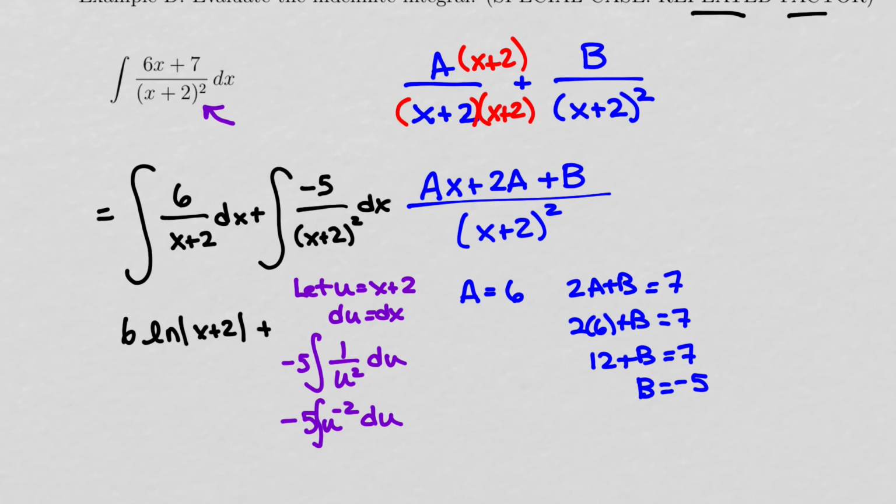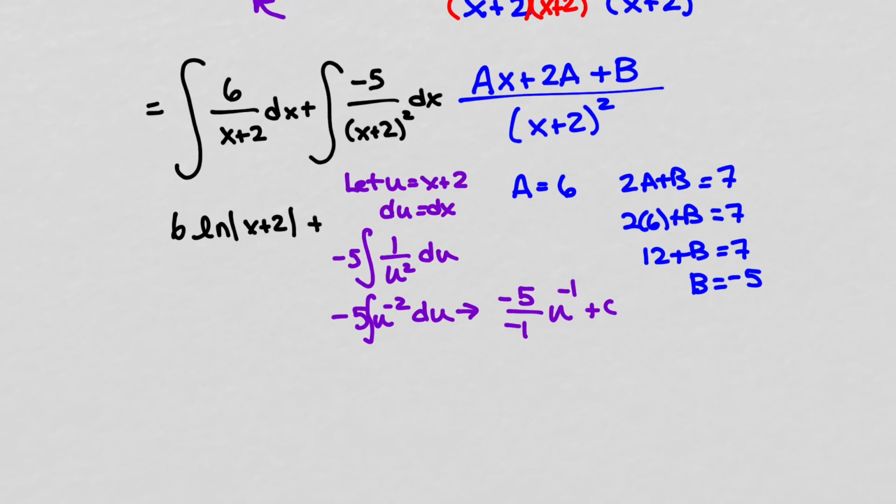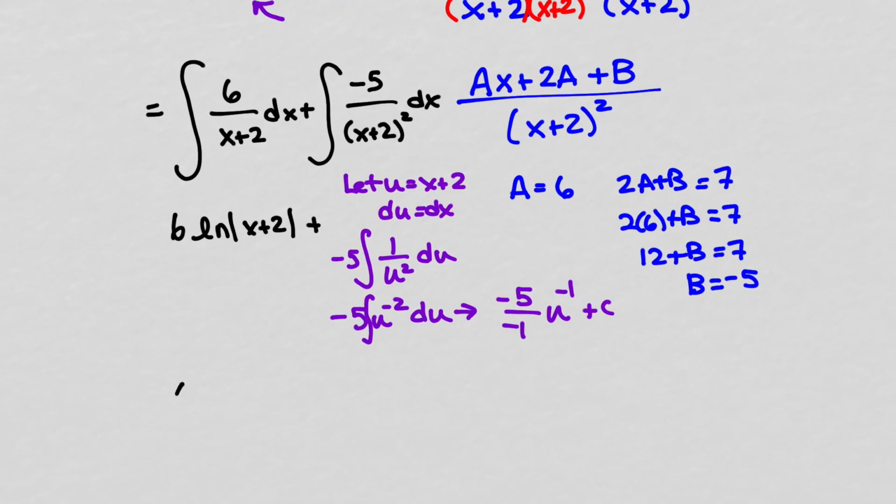U sub on that second one. What is that giving me? Add 1. -5 over -1 u to the -1 plus c. So 6 times the natural log of x plus 2 plus 5.